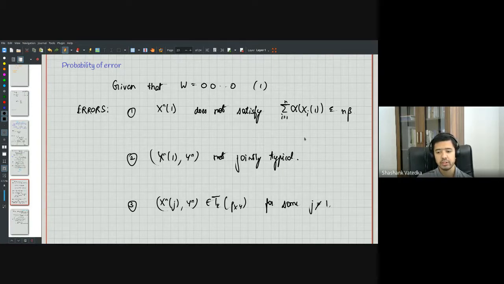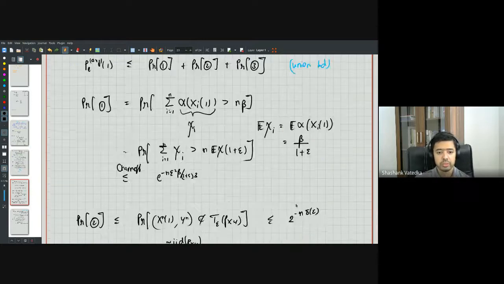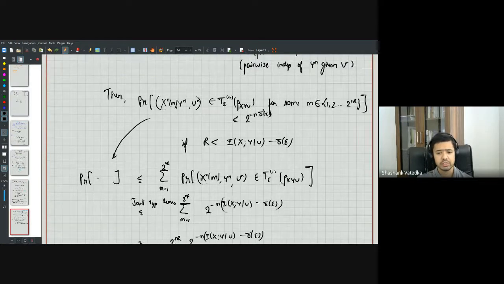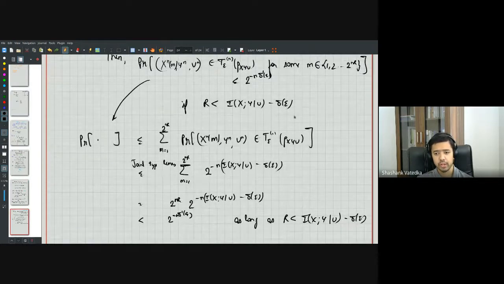So the first error event was bounded using the Chernoff bound. The second event was bounded just by using properties of jointly typical sets. And the third event was bounded using this packing lemma. In some sense, when you employ this union bound, you're looking at the pairwise probability of error. Each of these terms is the probability that the received sequence Y^n is jointly typical with respect to the m-th code word.